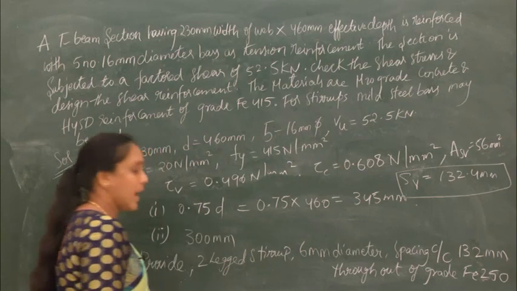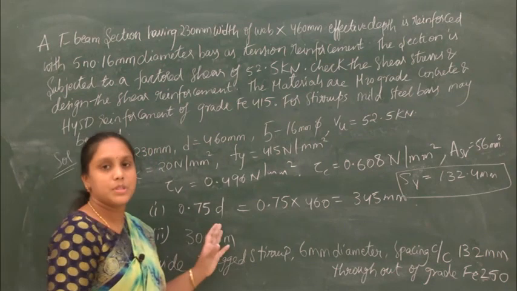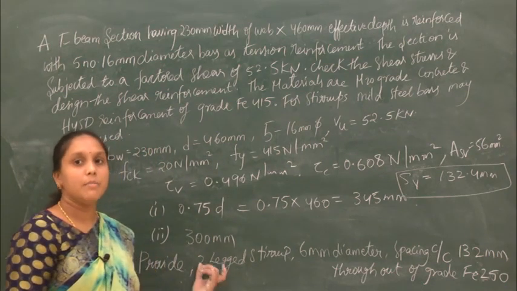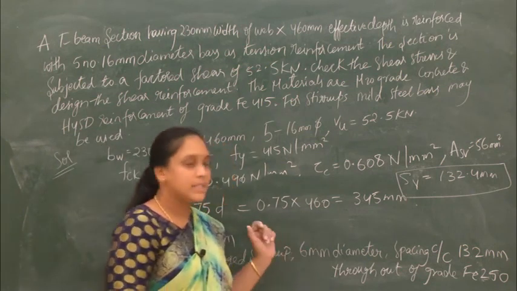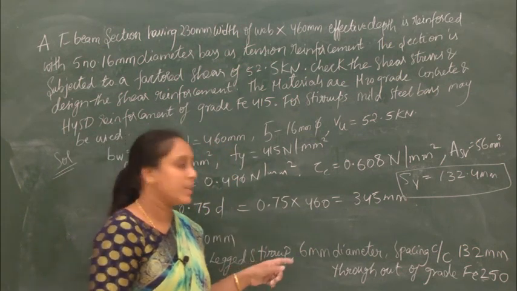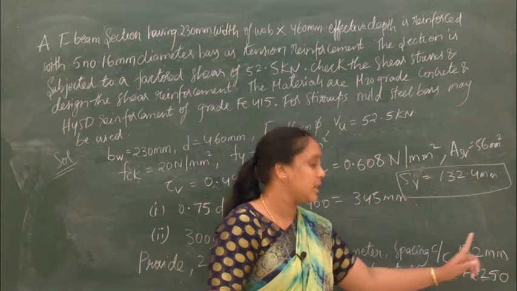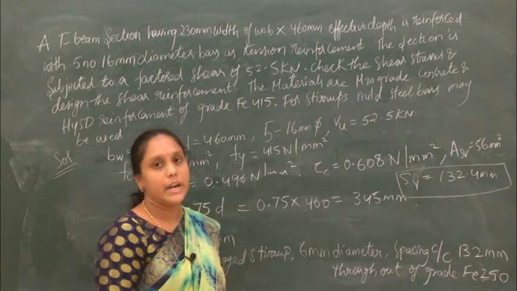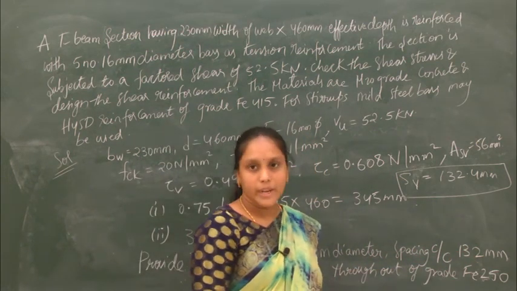That is, we have to provide a two-legged stirrup, the dia of the stirrup is 6 mm, the spacing between the stirrups center to center is 132 mm, and the grade of the stirrup is Fe 250.